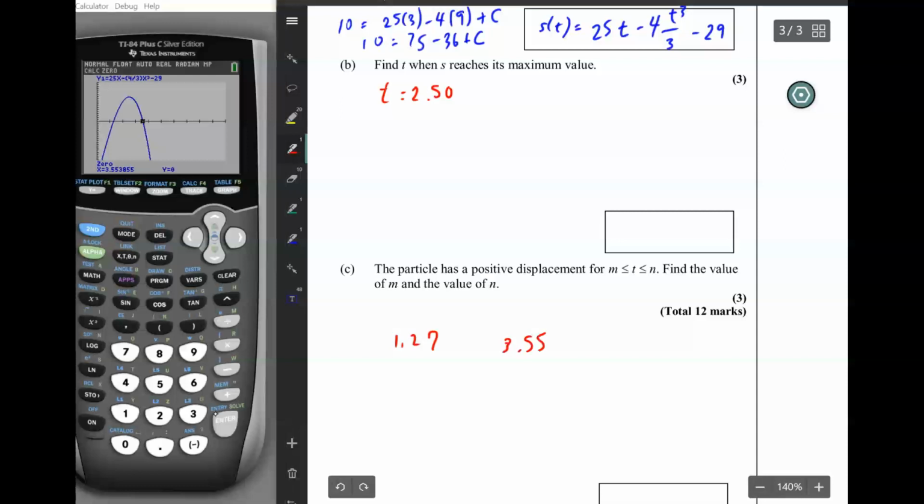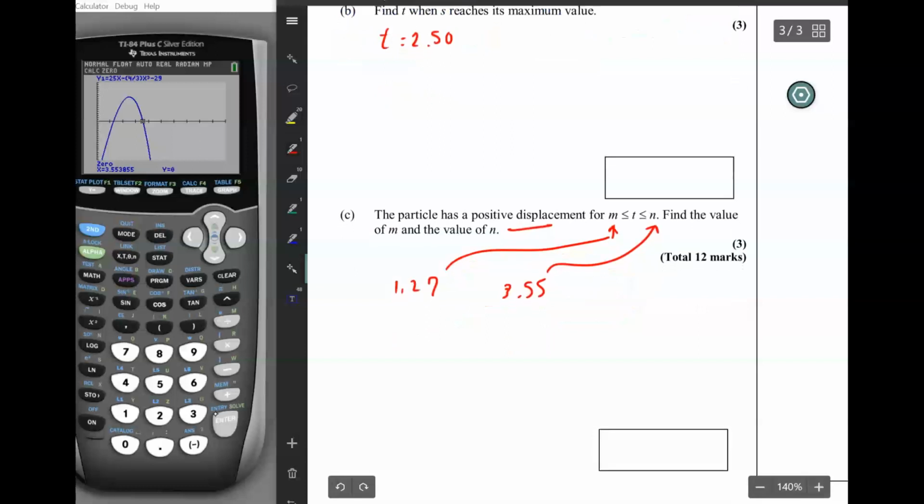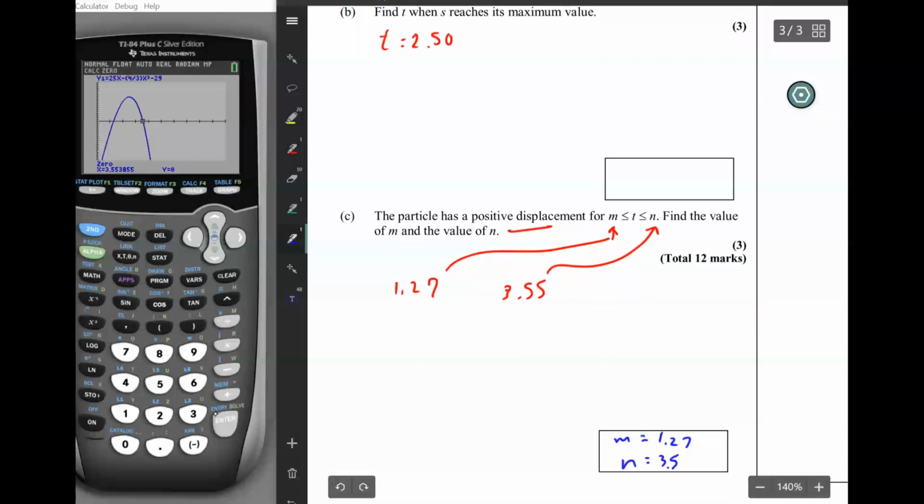Alright, so between the x value of 1.27 and 3.55, it goes above the x-axis, which is when it has positive displacement. So the value of m would be 1.27, and the value of n would be 3.55. So let me write that here. M equals 1.27. N equals 3.55. Because those are the x values where the bump goes above the x-axis.